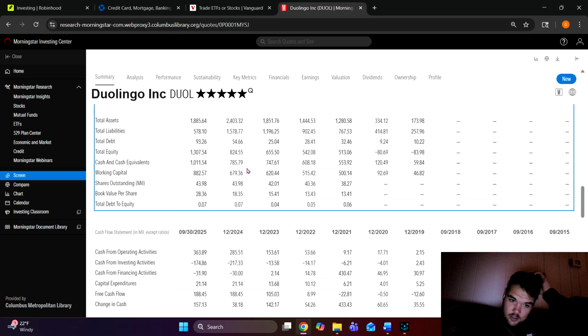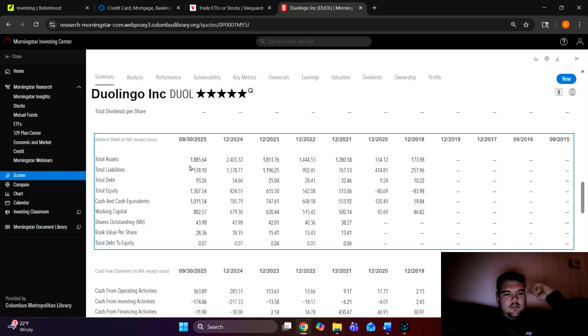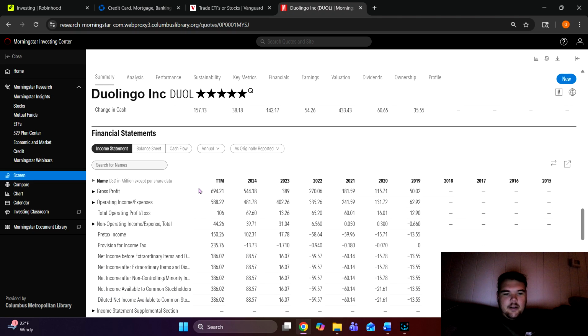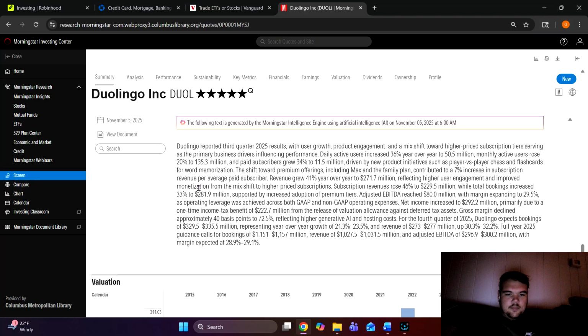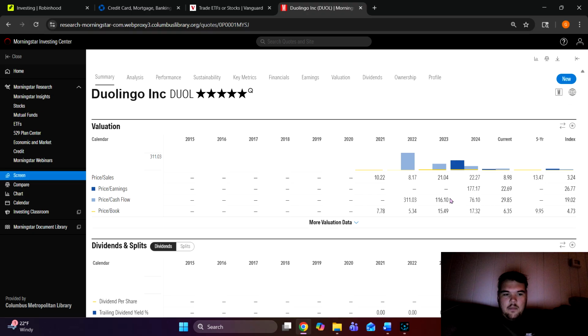And then cash and cash equivalents. Maybe there's some hidden things within here, the equity and the total assets and the liabilities. Maybe there's something there that I'm missing. I didn't see anything.